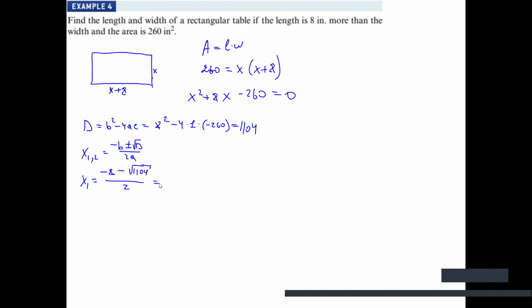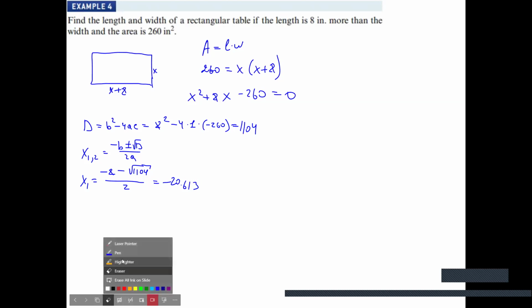So minus 8 minus square root 1104 over 2 is about minus 20.6. Is that acceptable for us? No, because we're talking about the dimension of a table and it has to be positive. So it is a root of the equation, but it's not the solution to our question.